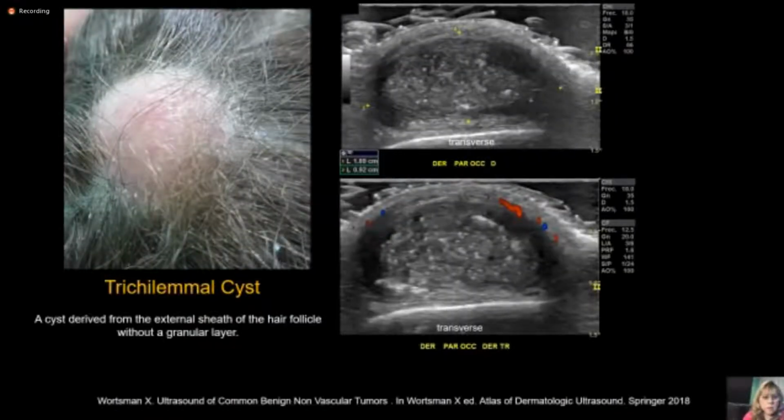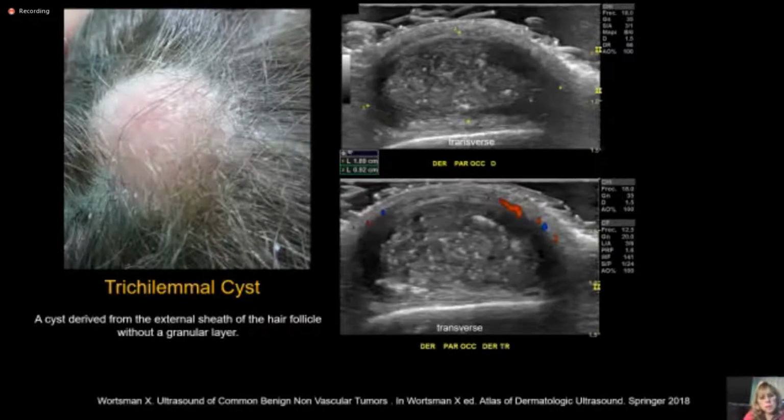Another cystic structure that is possible to see is the trichilemmal cyst. This is a cyst derived from the external sheath of the hair follicle. Histologically, the difference with the epidermal cyst is that the trichilemmal cyst doesn't present a granular layer.